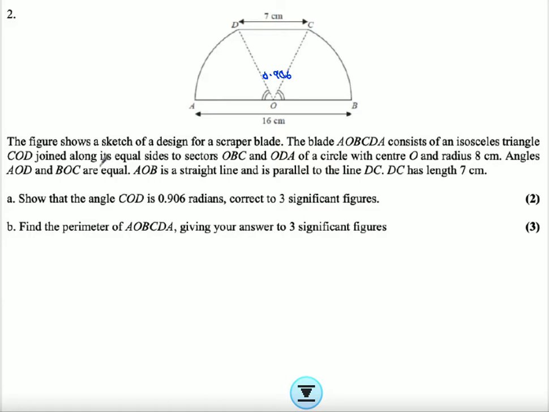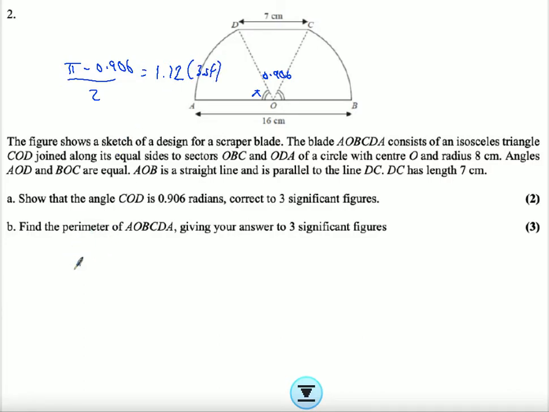So we're going to do pi subtract 0.906 and then divide it by 2, and that will work out what this angle is here. So that angle there is 1.12-ish. We'll call it 3 sig figs.